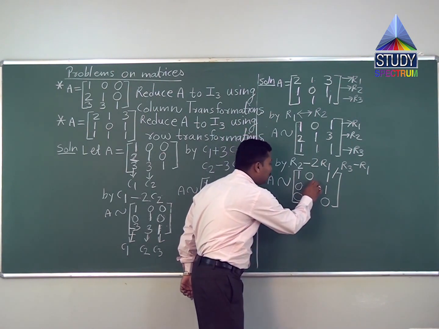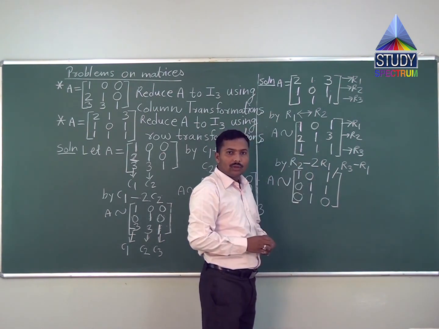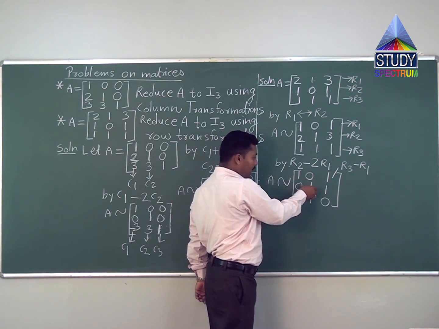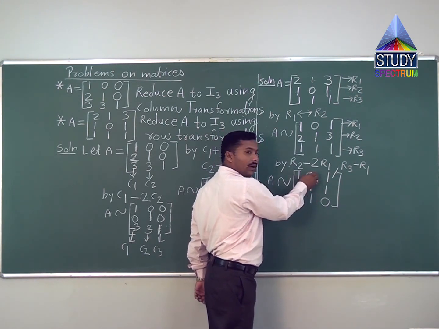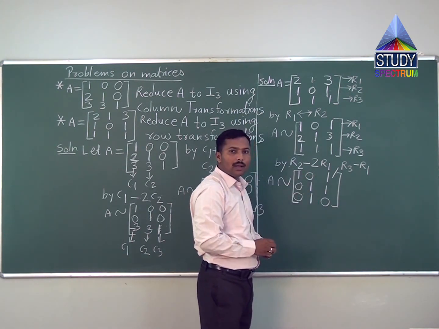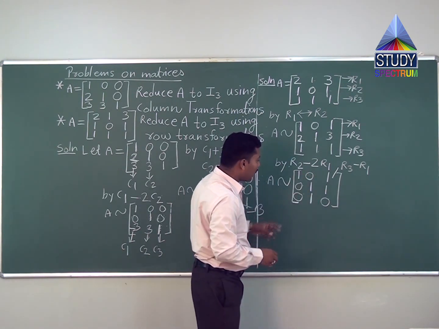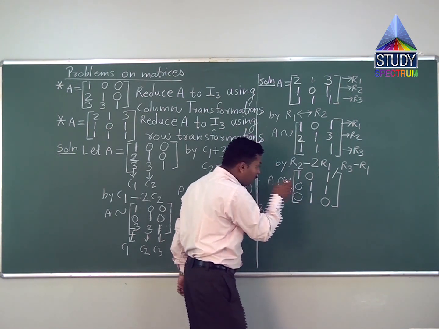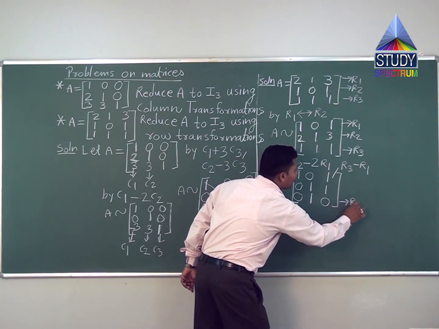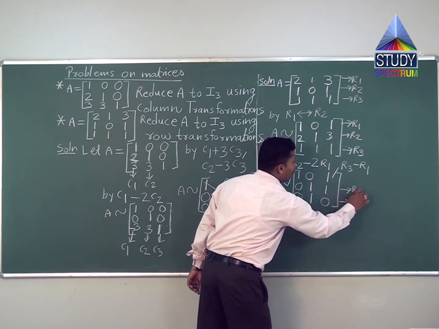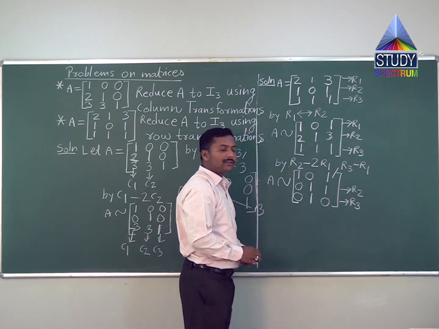Also, using the second diagonal number we make the numbers above and below it 0, but here there is already a 0, so we only need to make one number 0, which is 1 minus 1 is 0, and therefore we only do R3 minus R2.